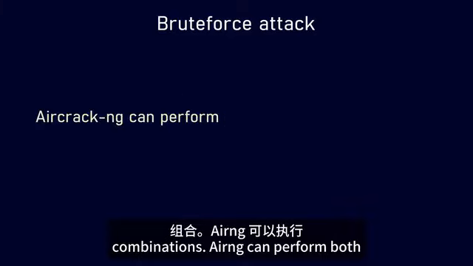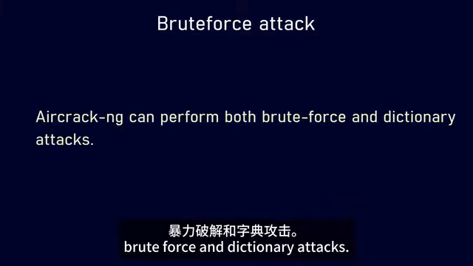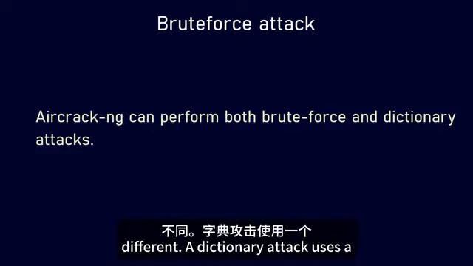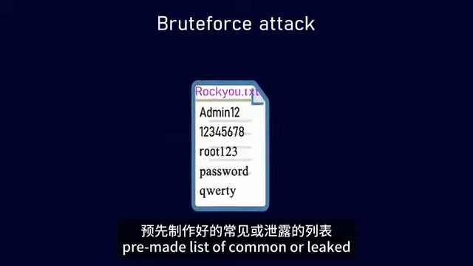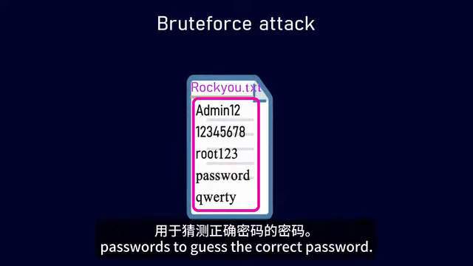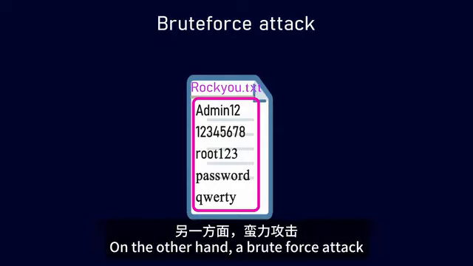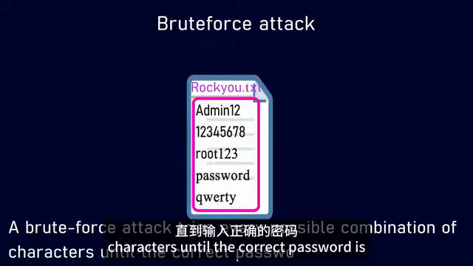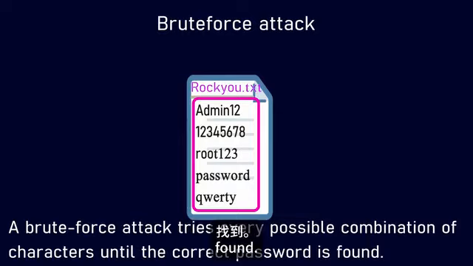Aircrack-ng can perform both brute force and dictionary attacks. Dictionary and brute force attacks are different. A dictionary attack uses a pre-made list of common or leaked passwords to guess the correct password. On the other hand, a brute force attack tries every possible combination of characters until the correct password is found.